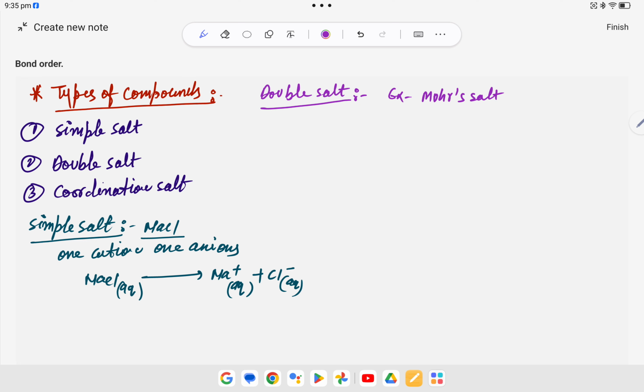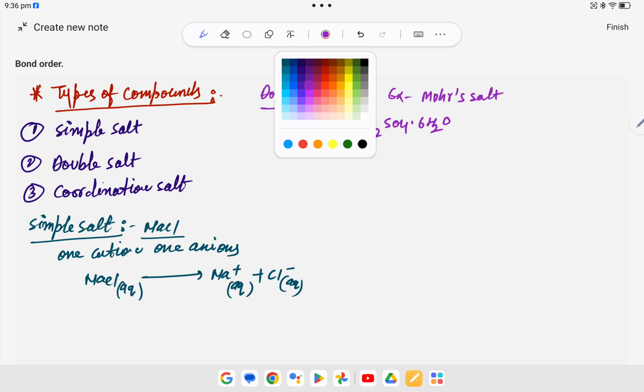What is the definition in that case? What is the formula? FeSO4.(NH4)2SO4.6H2O.